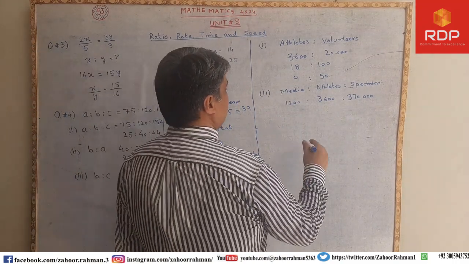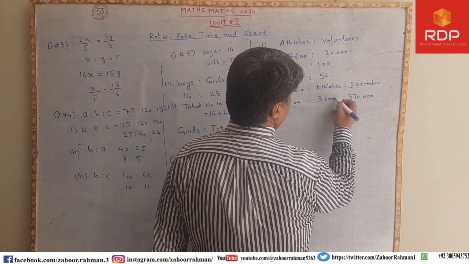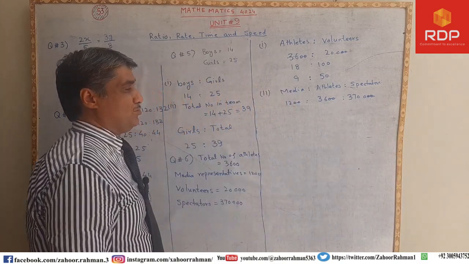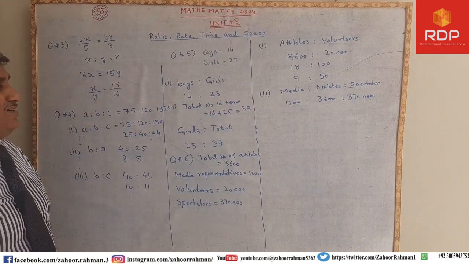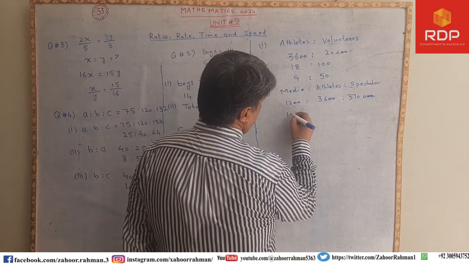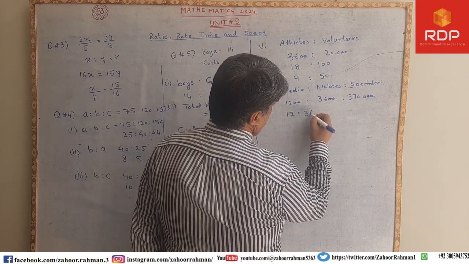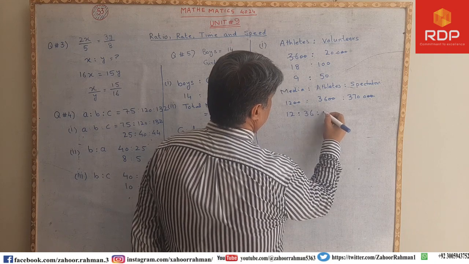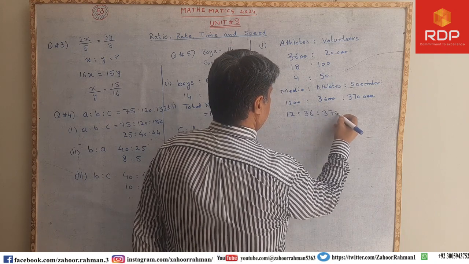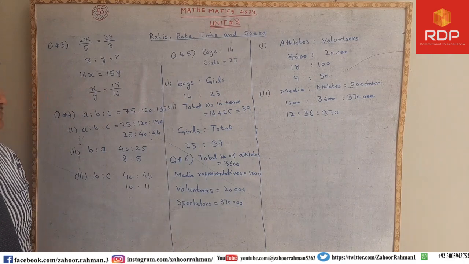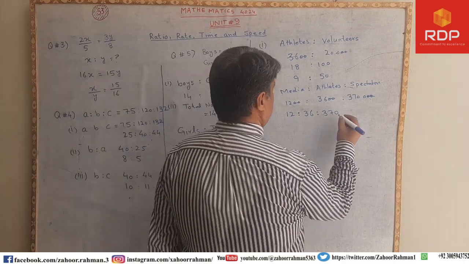First of all, we are cancelling two zeros by dividing by 100. So we will be left with 12, 36 and 3,700.